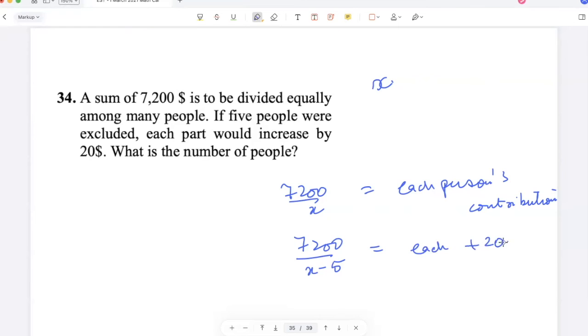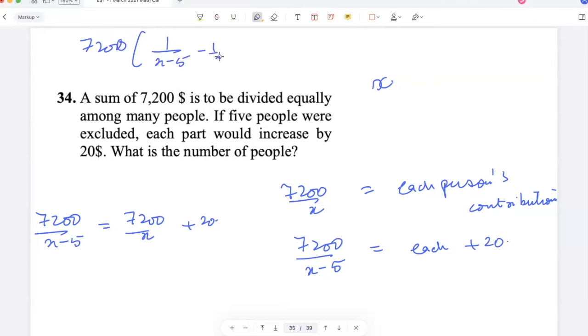So then I have an equation here: 7,200 by X minus 5 is 7,200 by X plus 20, right? So what can I do now? I can say, let me write here, 7,200 times 1 by X minus 5 minus 1 by X is 20, right?